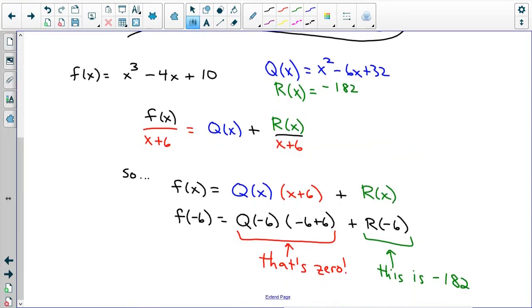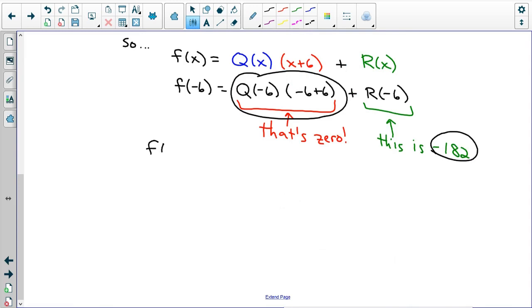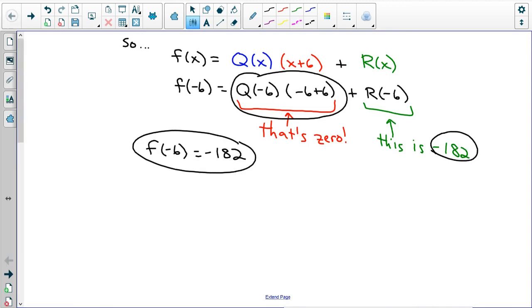So that's basically what ends up happening. Then if I substitute negative 6 in, this whole part becomes 0, and I'm just left with negative 182. So f of negative 6 would have to equal negative 182 in this problem.